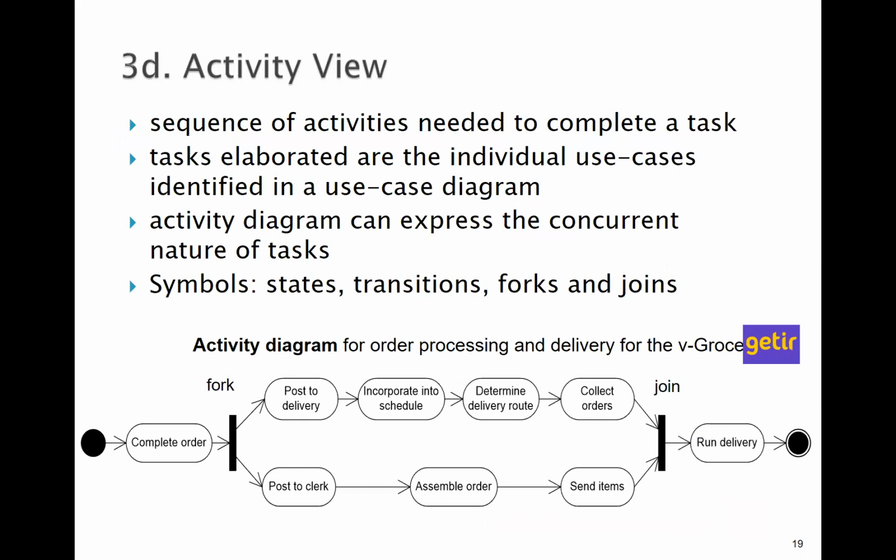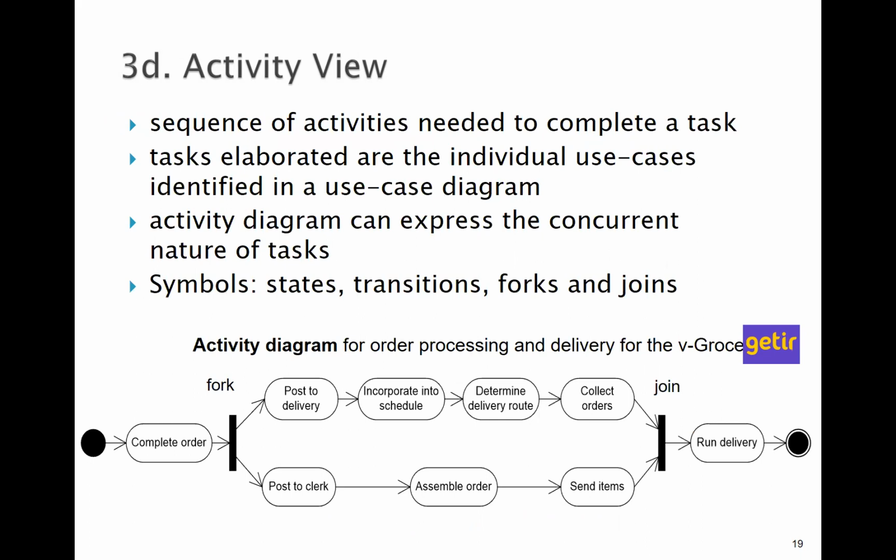The next one, the last modeling language of UML, activity view. That is simply sequencing of activities needed to complete a task. So we have a task and we describe the activities in order to complete the task.